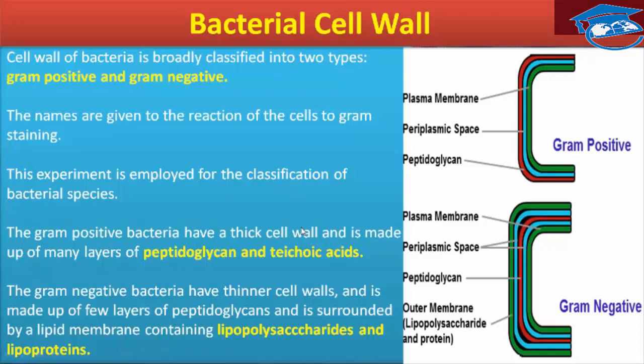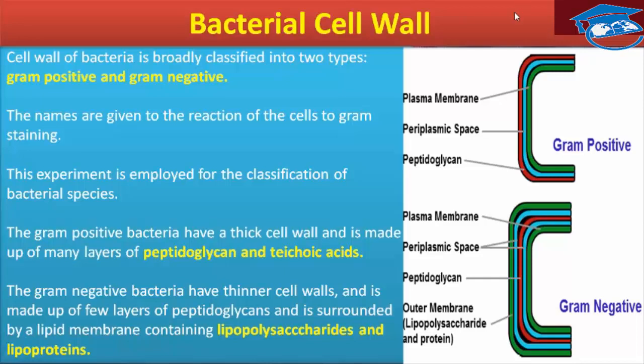This way you can memorize it, and it is made up of many layers of peptidoglycan and teichoic acid. See, this is gram positive bacteria. This is the plasma membrane. The green layer is the plasma membrane. This blue is the periplasmic space. The periplasmic space is a space between the cell wall and plasma membrane.